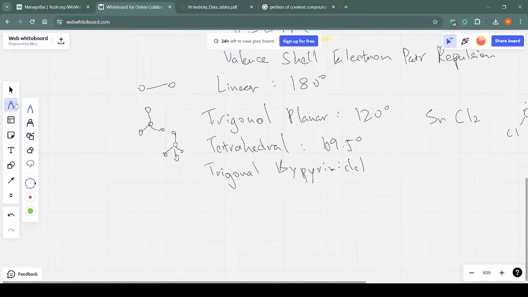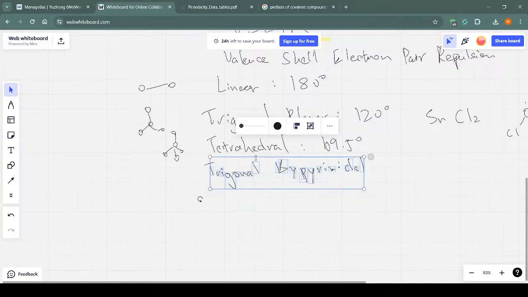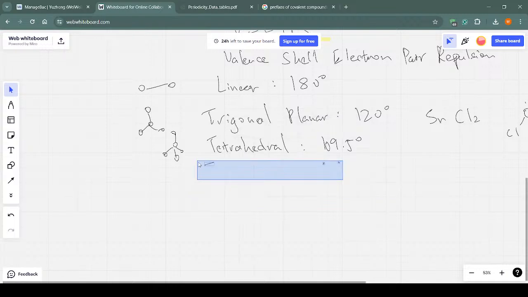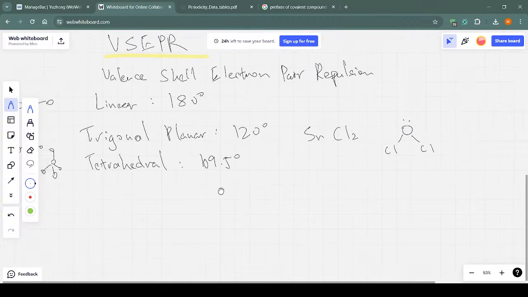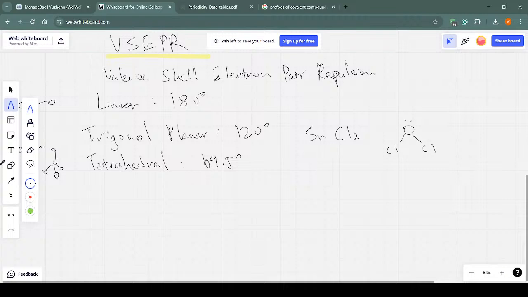Oh, okay. So we don't need to know trigonal bipyramidal, but there's a few different cases for tetrahedral. So it depends on how many centers there are. I guess I'll move this then.